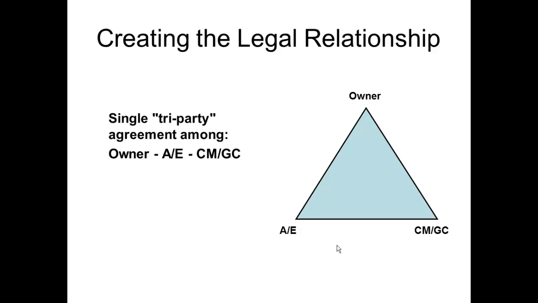As for the legal relationships, the owner, the architect, and the CM actually all having contractual relationships may be beneficial, because no longer do you have this dotted line between the architect and the engineer and the construction manager GC. It becomes a contractual issue where if something goes wrong, all three parties are going to lose.